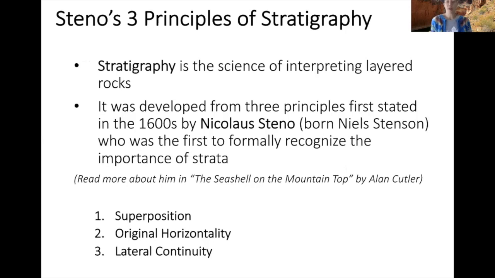You could read more about him in The Seashell on the Mountaintop by Alan Cutler. His 3 principles of stratigraphy, which are the founding principles for all of stratigraphic methods today, are simply the way we look at interpreting and reading the layers of rocks like the pages of a book. Let's start with superposition.